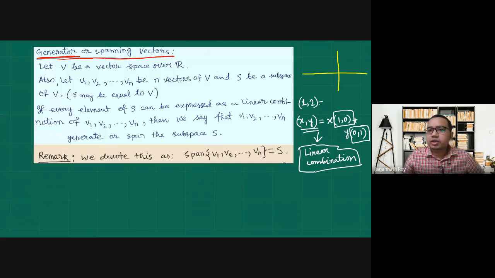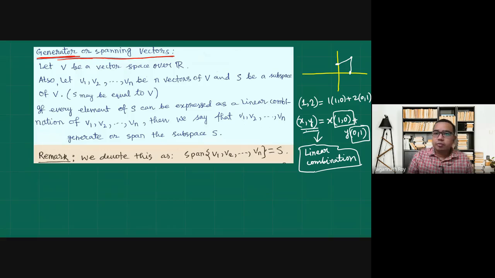For example, (1, 2) can be written as 1 into (1, 0) plus 2 into (0, 1). So given any vector, we can write it as a linear combination of these two vectors.